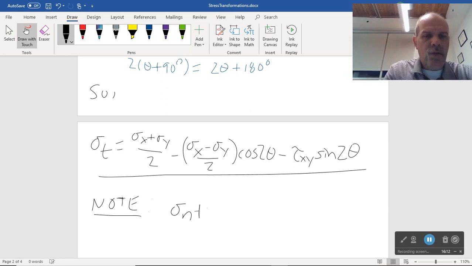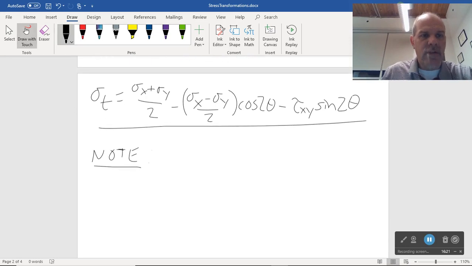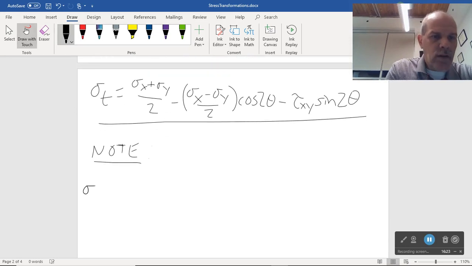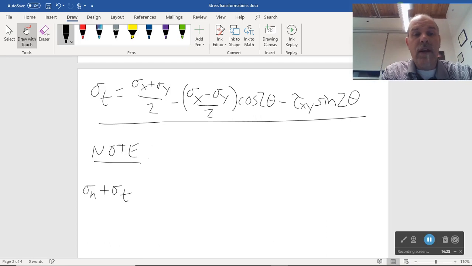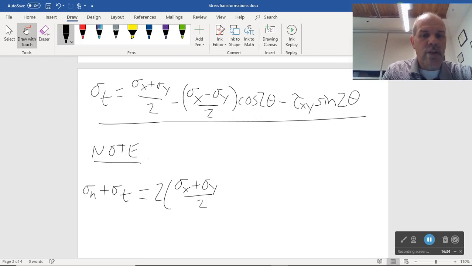Sigma n plus sigma t is equal to, right, actually let me move that down a line so I have a little more room, right? Let's think about what the sum of the axial stresses is equal to. Sigma n plus sigma t. Well, each of them leads off with a sigma x plus sigma y over 2 term. So it's 2 times sigma x plus sigma y over 2.